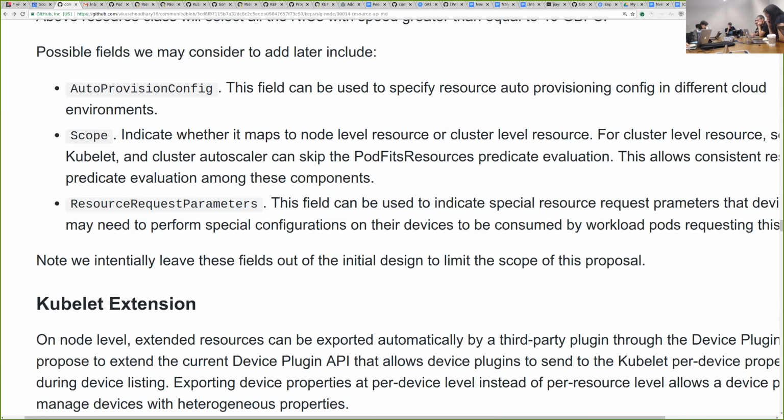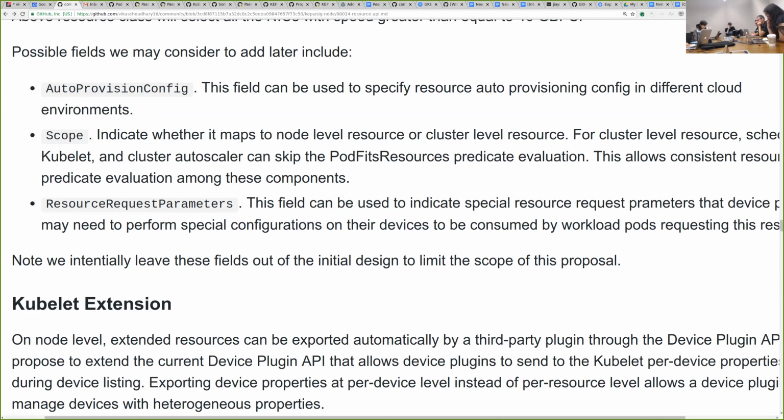And we may also consider adding some resource request parameters. This is based on some of the feedback from the community. For example, for some of the high performance NIC use cases, they want to pass some special resource request parameters to the device plugin to help configure the device into a state for that particular resource requirement.